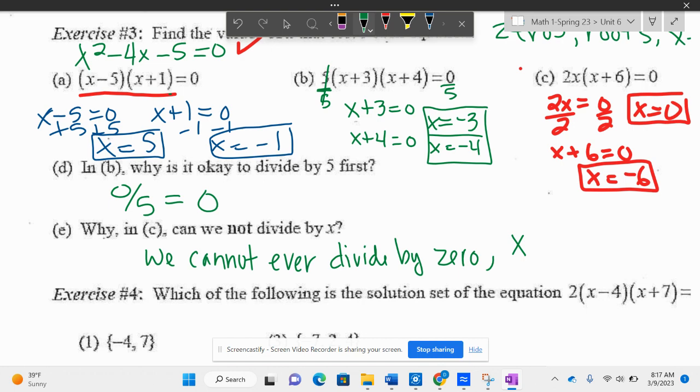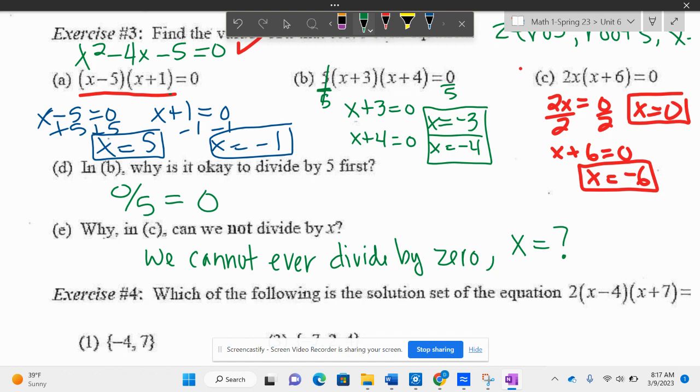And we did not know the value of x. It's a variable, right? You don't know what it equals, so you cannot divide by it. And again, like I said, we never, ever, ever divide by 0.